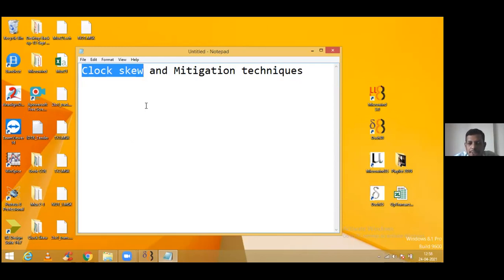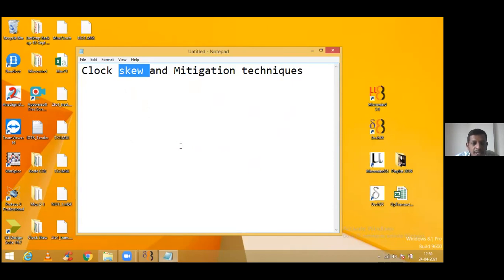Whenever I'm talking about clocking, which is very important as far as simulation is concerned, whenever clock skew comes up, you need to understand what exactly is skewing, how the skewing can be added, or how that skewing can be minimized as far as the design is concerned.